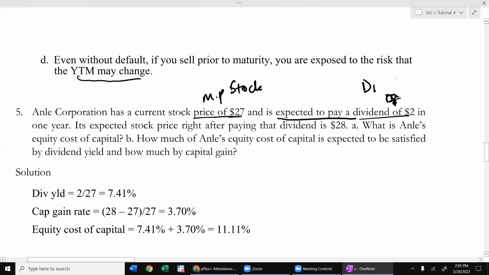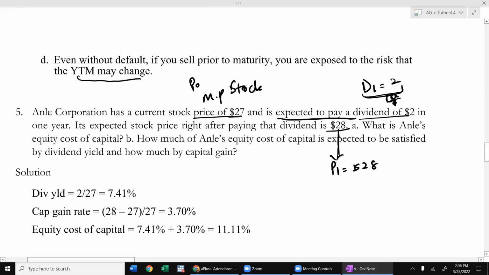So for the next period, D1 is equal to $2 in 1 year. Its expected stock price right after paying that dividend is $28. So it means when this $2 will be paid, the price that is now 27 today will move to 28, meaning at the end of the first year the price will be $28.